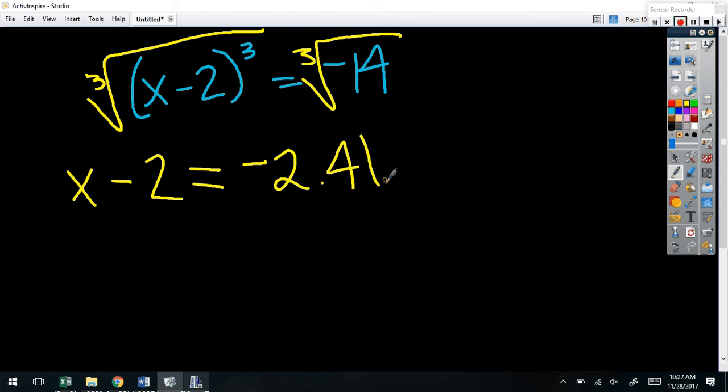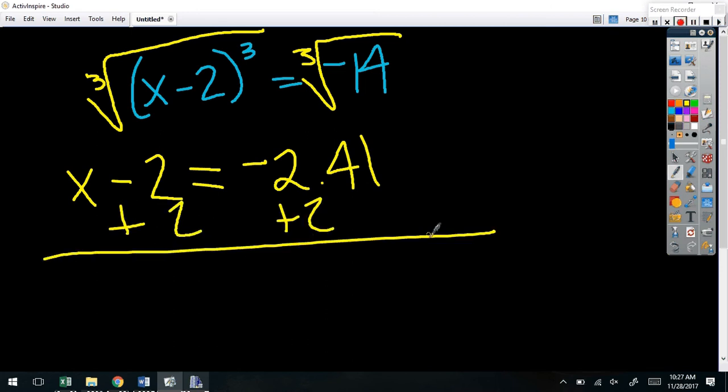And don't forget that it's not solved yet. You have to add. I've got to add that too, right? Yep, so it'll be negative 0.41. I'm going to say approximately negative 0.4.